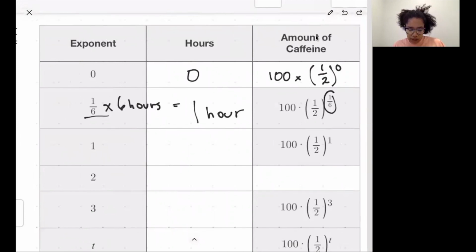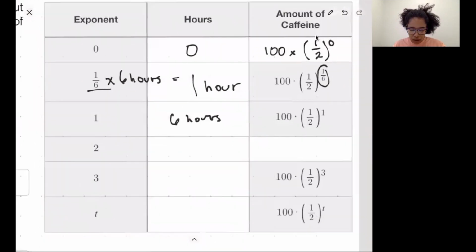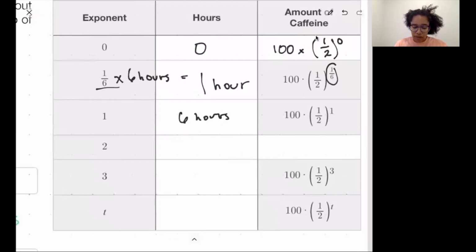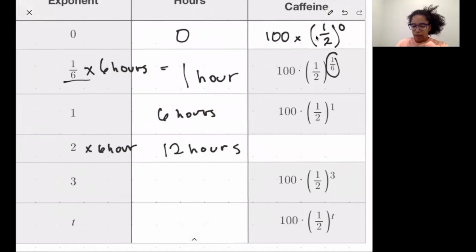All right, so then if our next exponent is 1, we know that's representing 6 hours. That's told to us, that's the half-life. If we have an exponent of 2, well, how many hours is that? Each time period has 6 hours, so this now means 12 hours. And how would that look in the expression?